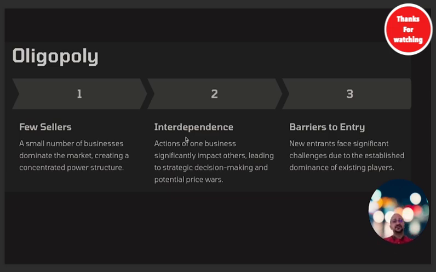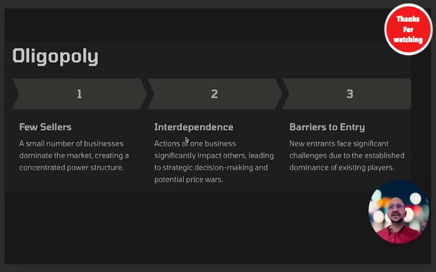Interdependence means the action of one business will really impact the decision making of another business. How does it work? If you remember, guys, when Uber was launched in India, Ola was also working, right? Uber was giving the first five rides free, so Ola also had to give it. Uber was giving heavy discounts to customers, and Ola had to do the same.